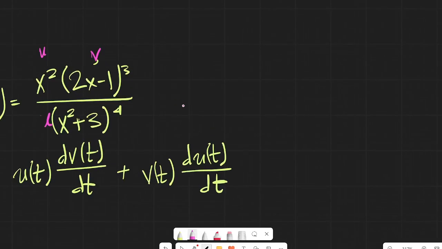And I'm actually also going to define a new function, n of t, equals u of t dot v of t.